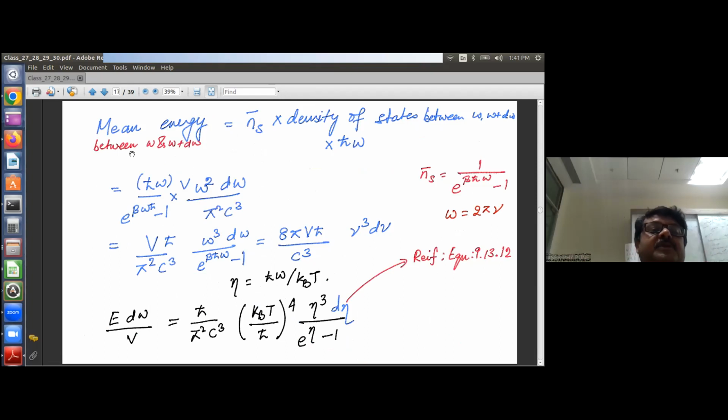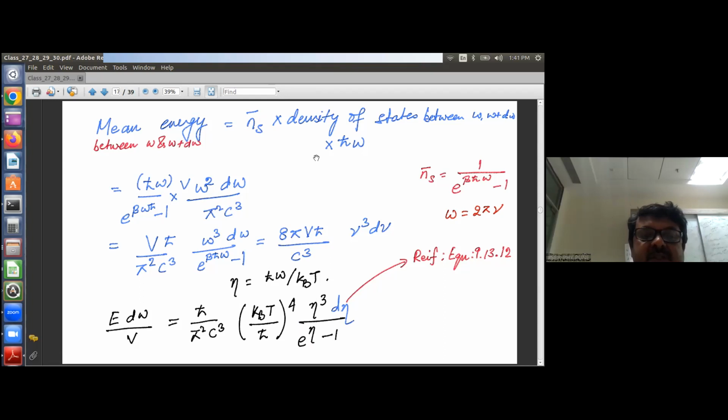So the mean energy between omega and omega plus d omega, this is the quantity that we were after, because that's the thing that they had plotted in the experiments, is then the average number of particles in energy level s, into the density of states between that level, into h cross omega, right? So that is the number of microstates into the energy of the thing.